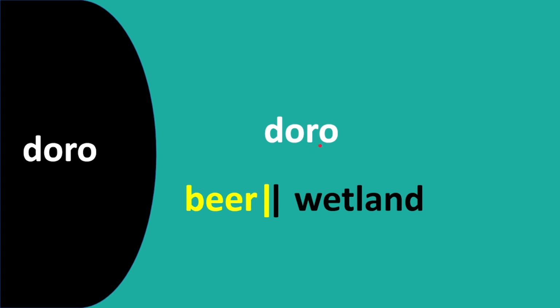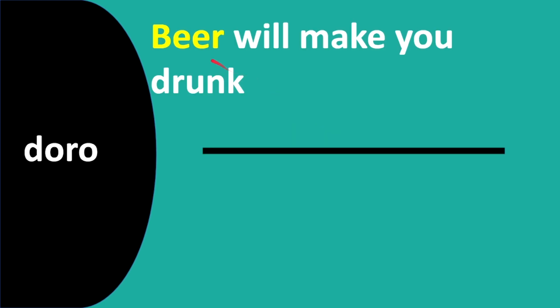It's the same word again. Beer, doro. The do is a high tone. Wetland, doro, is now a low tone. Let's do some example sentences.